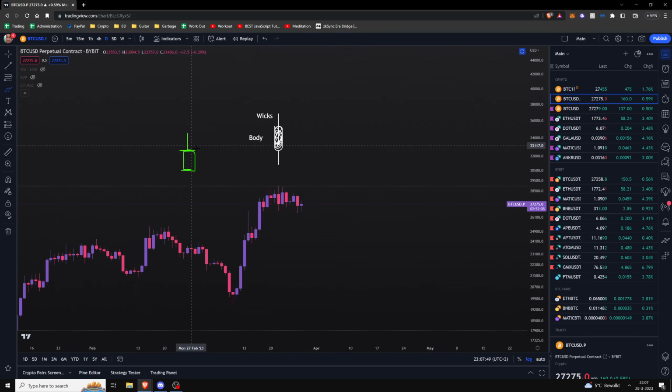Now the inverse would be if we open our candle up here and now we trade down. This one closed, so now we open our candle at the top because this is where our closure was. So if price opens low and closes higher, it'll be a green candle. If it opens and then closes lower, like in this case, it'll be red.